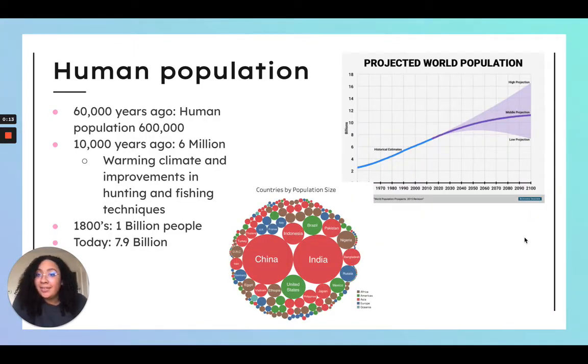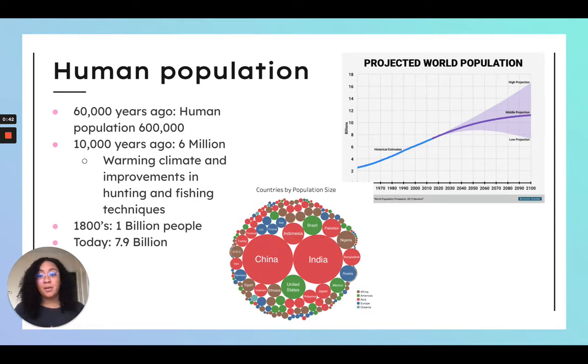So let's take a look at the human population over time. 60,000 years ago, which when we take a look at the Earth is not that long ago, the human population was at 600,000. Then 10,000 years ago, so we're coming closer to modern time, that population had about 6 million people, which is a huge jump from 600,000.